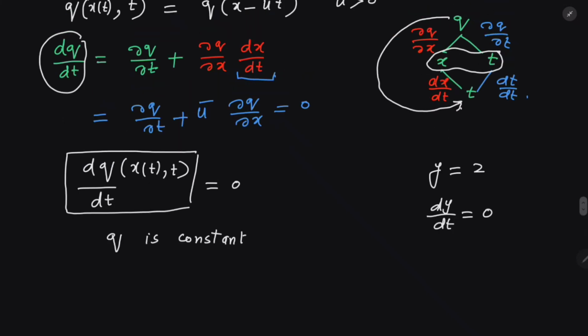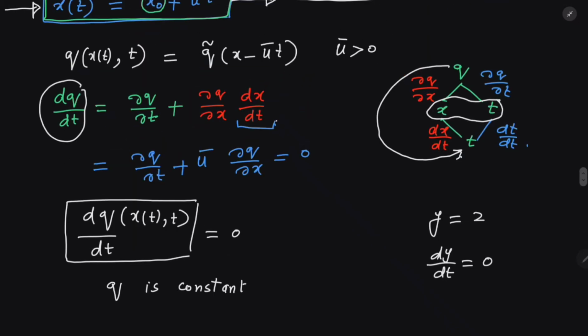Since it is only constant due to this expression that we put over here. It is constant when dx by dt is assumed to be u bar, and u bar is the fixed velocity.